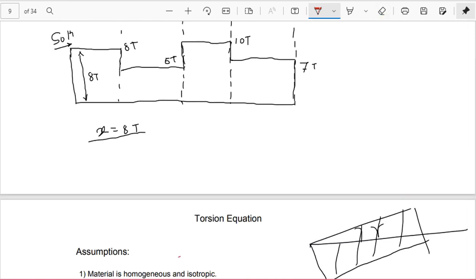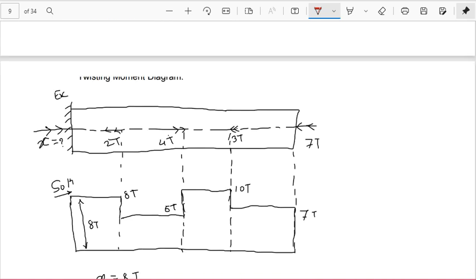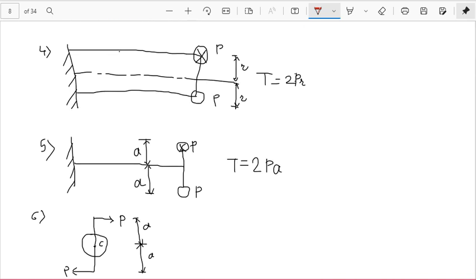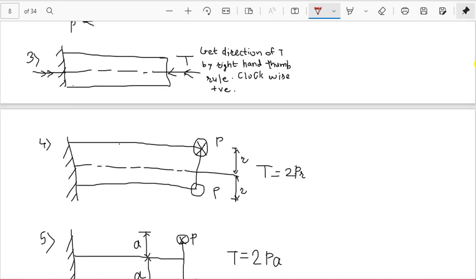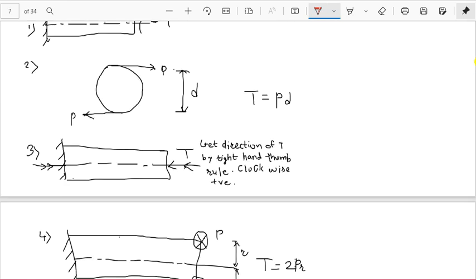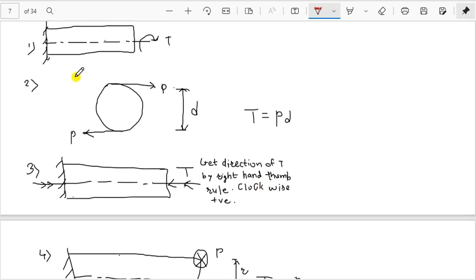Before deriving the torsion equation, let us understand few terminologies or representation of a torque. How torque is represented. These are few methods of representation of a torque. In the very first figure, you can see this arc with an arrow is the representation of torque.